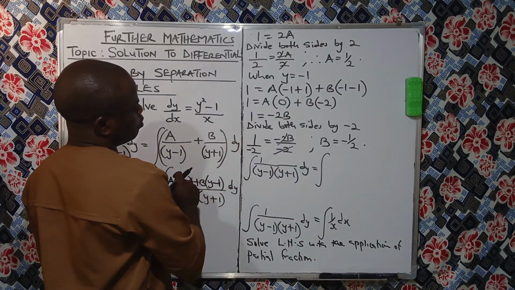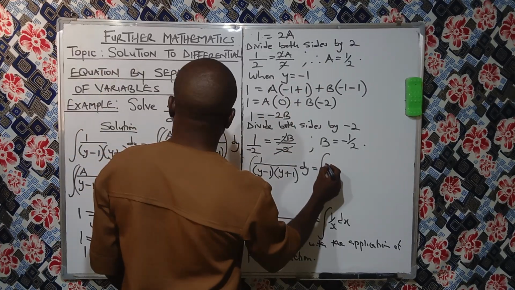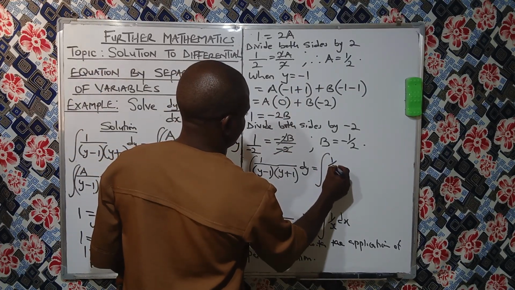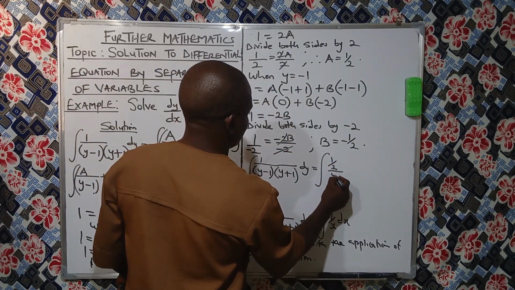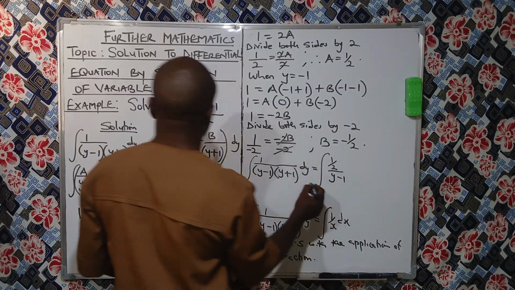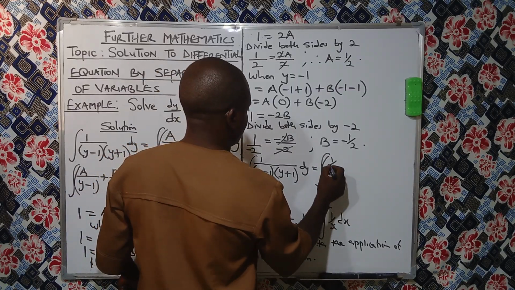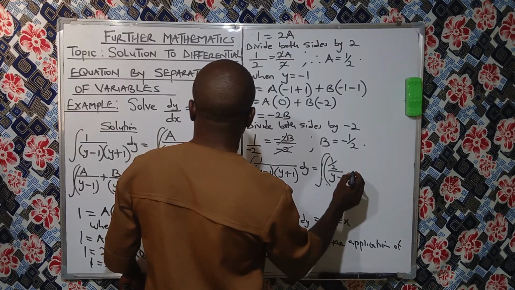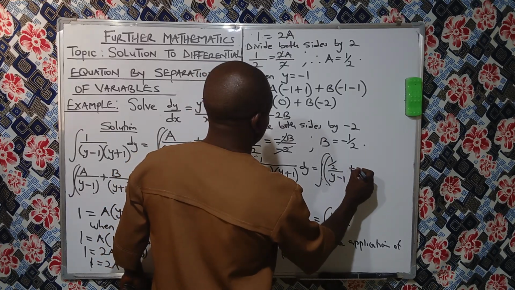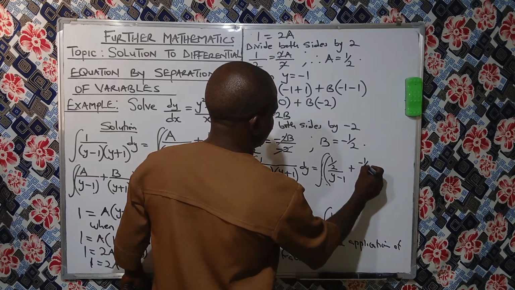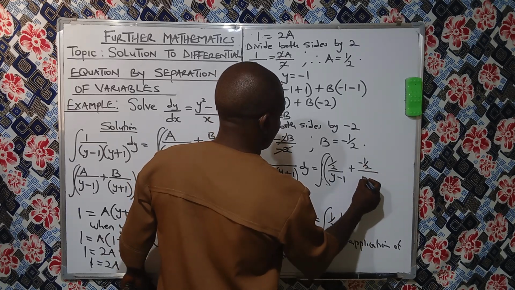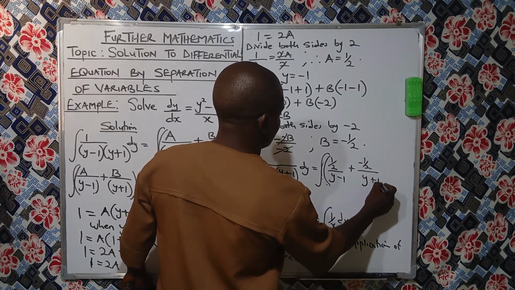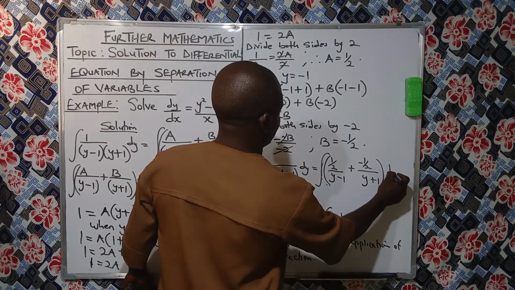Our a is half over y minus 1 plus b. What's our b? Minus half over y plus 1 dy.